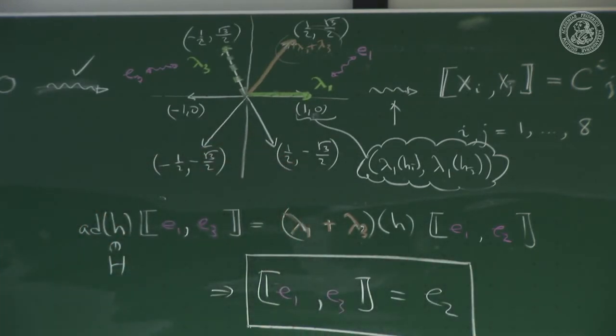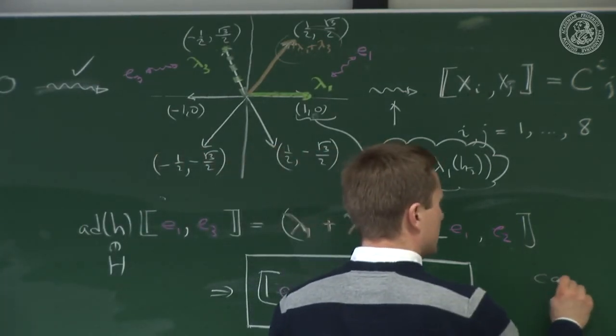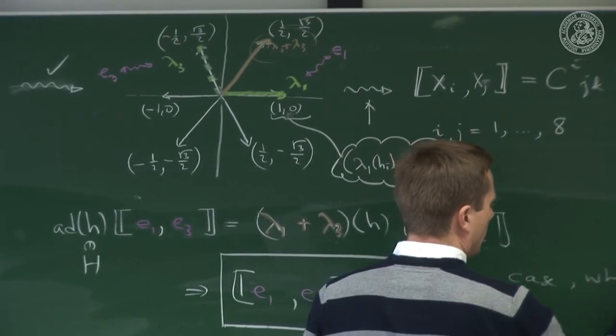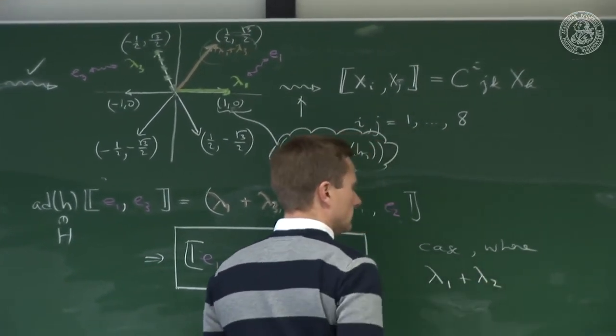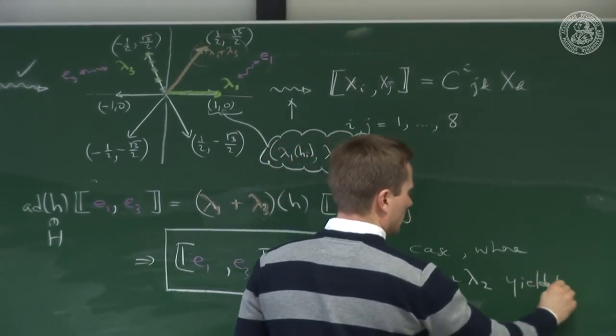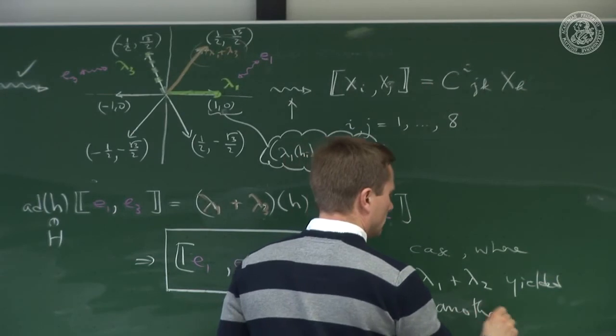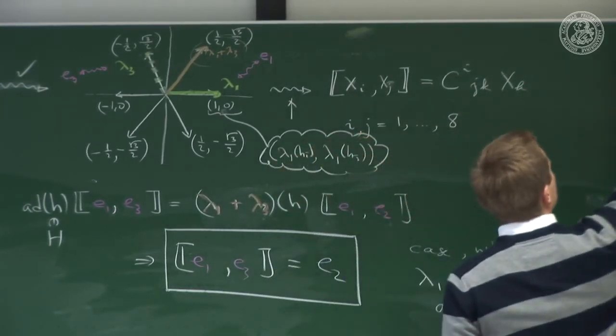Now there could be two other things happening. So this is the case where lambda 1 plus lambda 2 yielded another root. So we could say this in general.